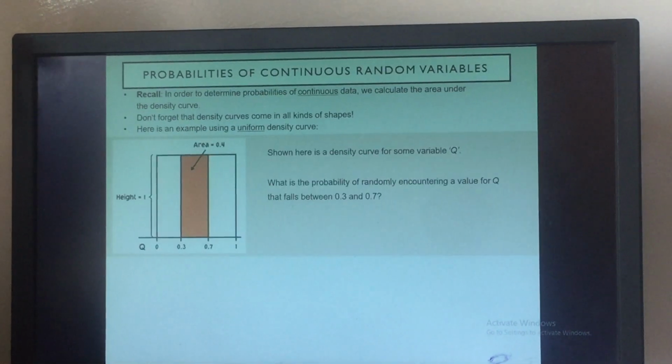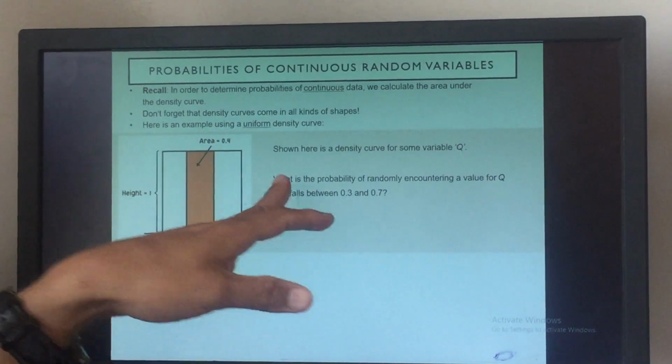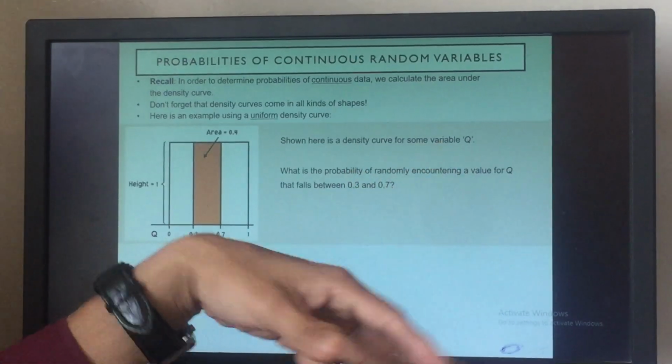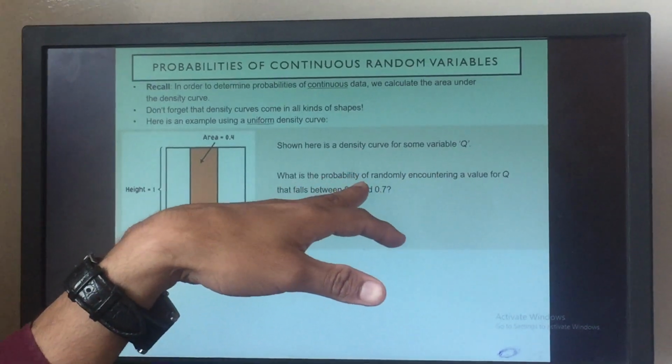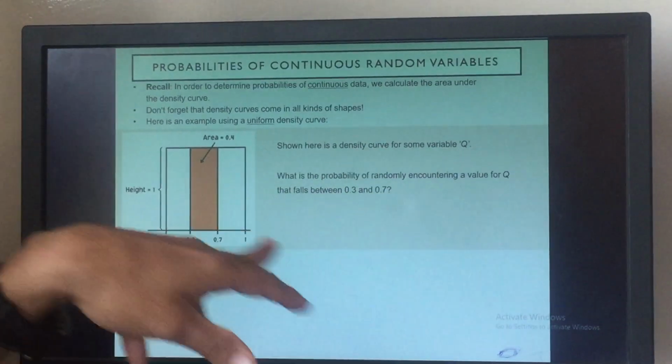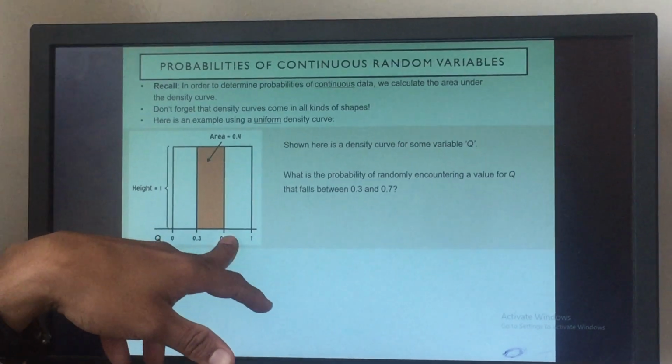Like that, here: what is the probability of randomly encountering a value for q that falls between 0.3 and 0.7? Here is the data, 0.3 to 0.7.